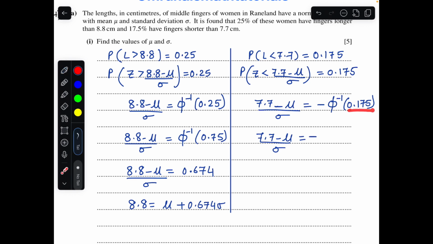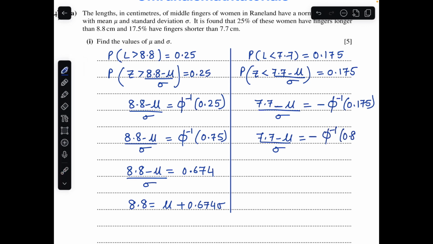When you do 1 minus 0.175, it's going to be phi inverse of 0.825. So 7.7 minus mean over sigma is going to be negative 0.935. That's the z-score. And the equation is going to be then mean minus 0.935 sigma.